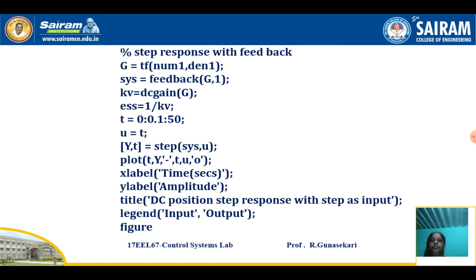That's why the label command is given. And then the title, DC position step response with step as input. The legend means a corner box will come on the output showing which color is input and which color is output.